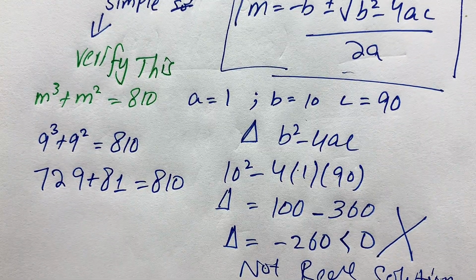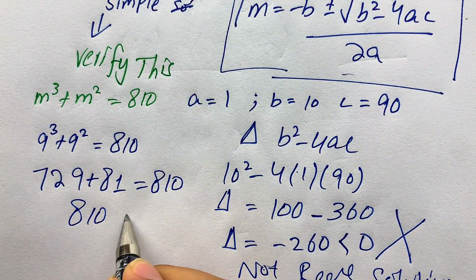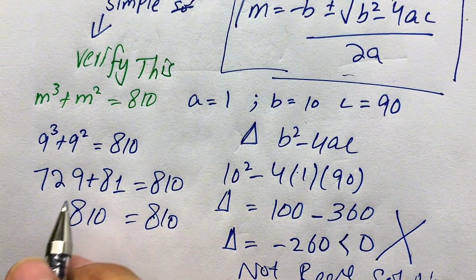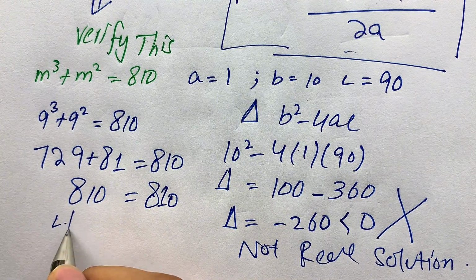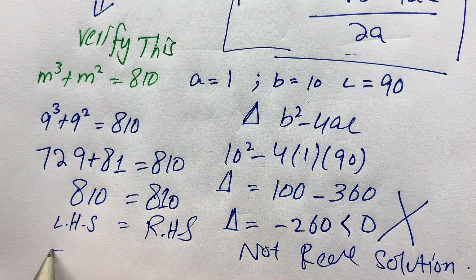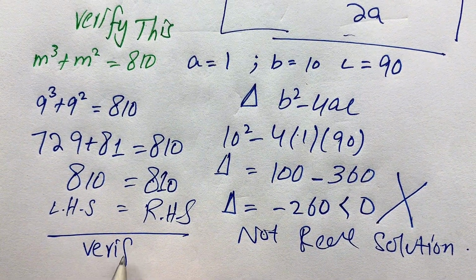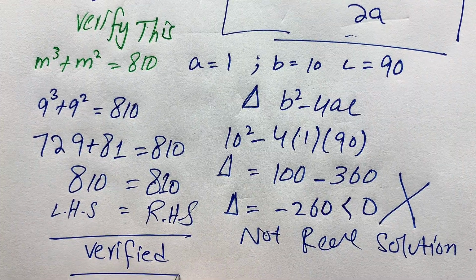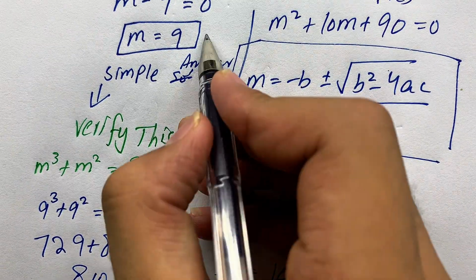After calculation we get 729 + 81 is also 810, equal to 810. And now our left hand side is equal to right hand side and our answer is now verified. Our value of m is 9.